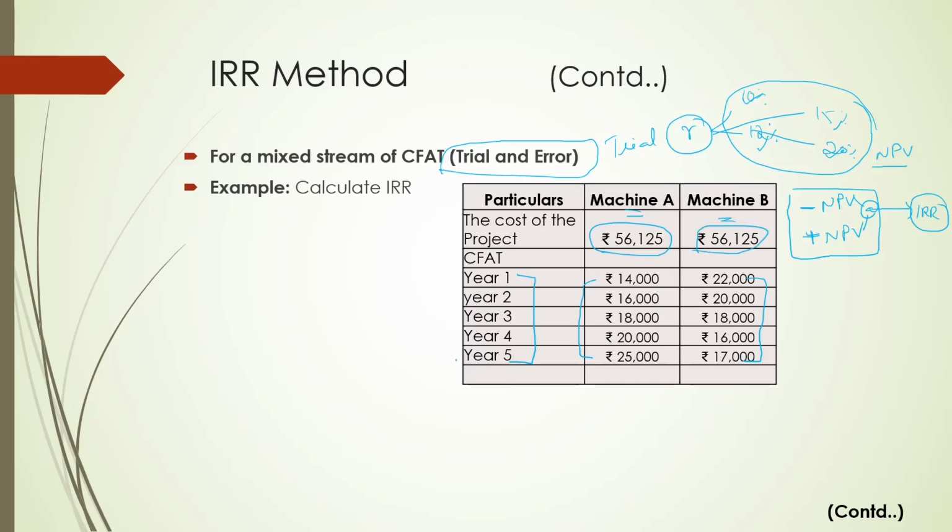So we are going to apply NPV. NPV was discussed in the third video on investment decisions. If not watched, please watch that video and come back here. Then only you will be able to understand very quickly and easily. Now, let us get into the process.